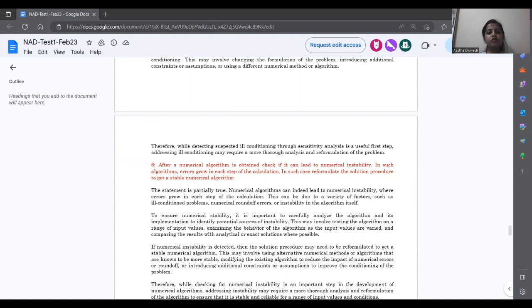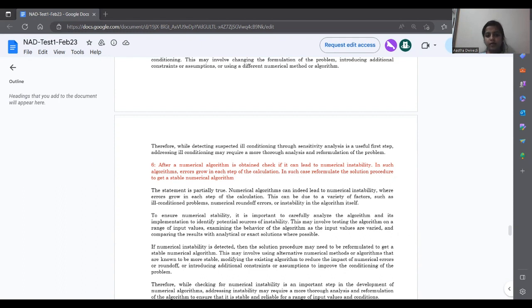Assuming that the formula used to find the square root of 5 is x(n+1) = 0.5 * (xn + 5/xn).